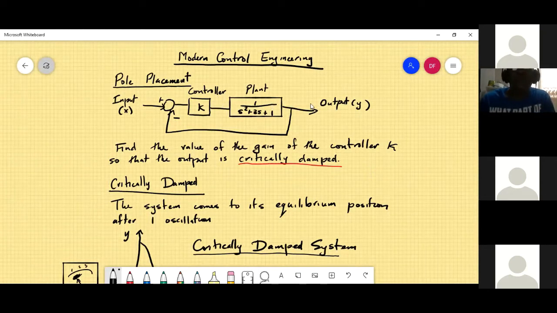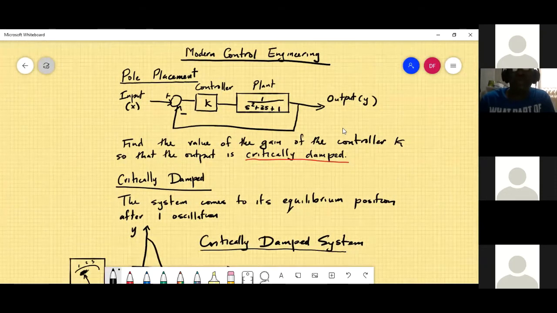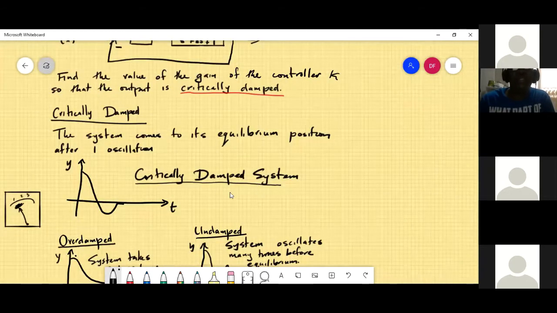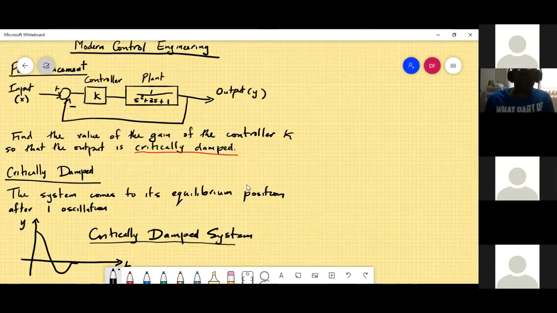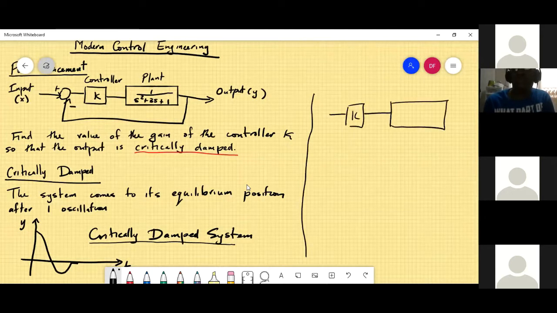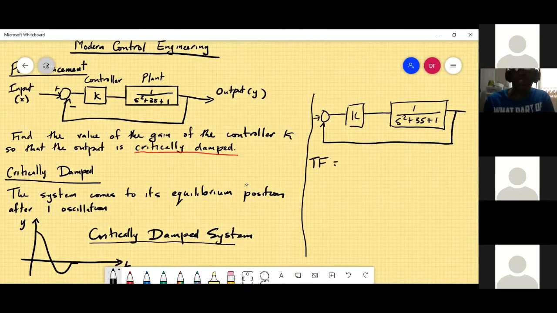So let's go over here and look at the problem. So the transfer function of the system. Anybody remember how you find it now?